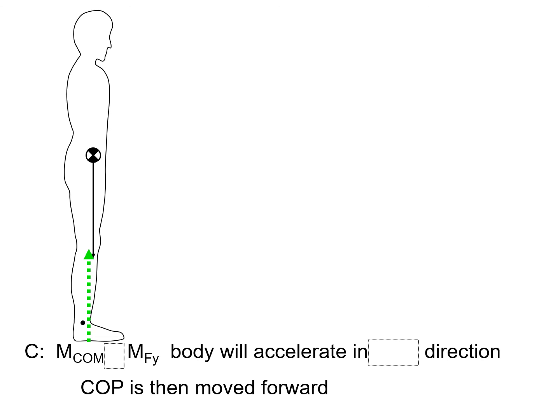And then finally, we'll look at this one again. Our center of mass is once again greater than the ground reaction force, and the body will accelerate in a clockwise rotation if we're leaning backwards. So the center of pressure has to move forward to maintain our balance.